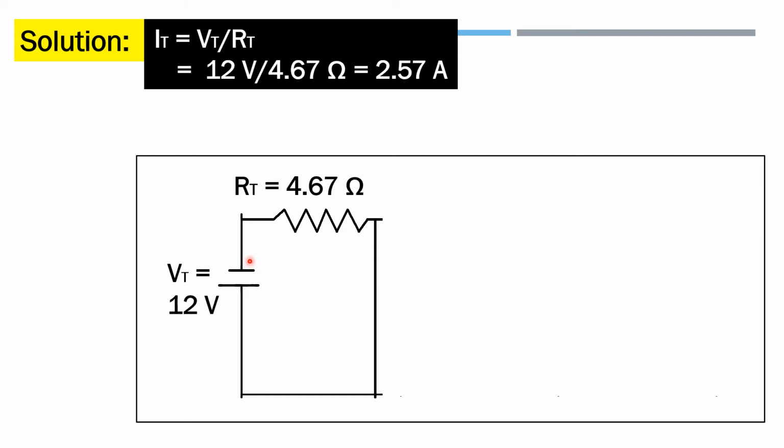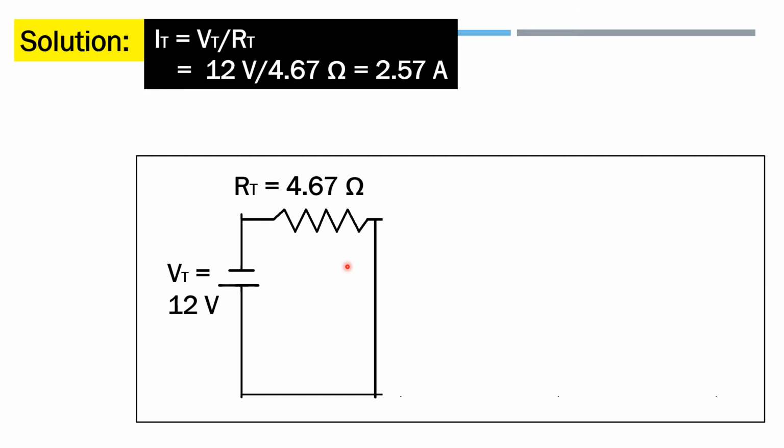But if you choose the so-called electron flow, you start from the negative terminal of the battery, pass through all the resistors, and then go back to the positive terminal. So it's up to you what current convention you are to follow. It doesn't matter.